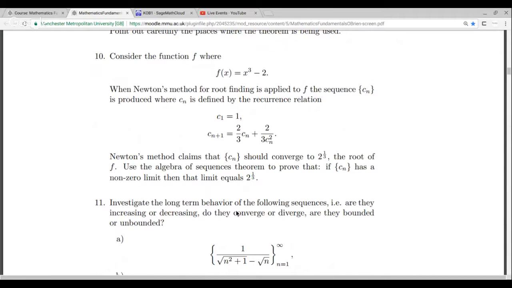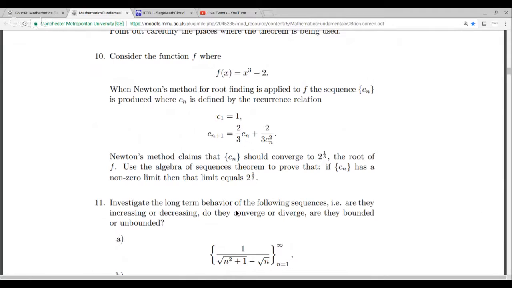Now, there's a bit of context given for it there. It's a sequence that occurs from applying something called Newton's method to finding a root, or 0, of the polynomial x squared minus 2. Now, Newton's method is a numerical algorithm for finding roots of an equation.